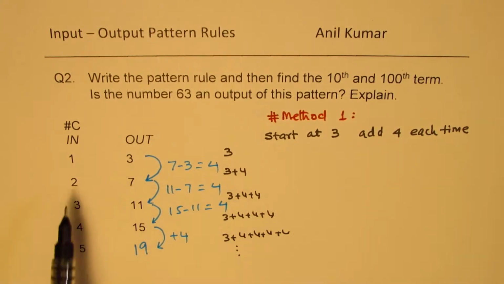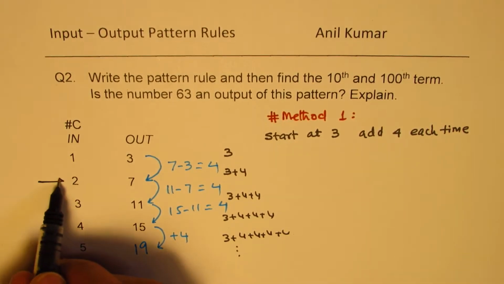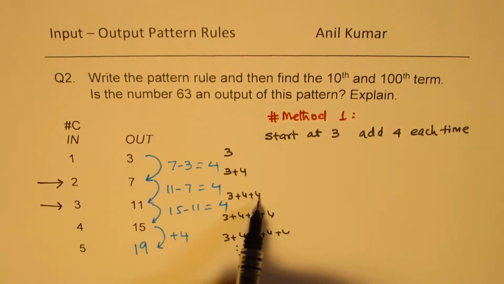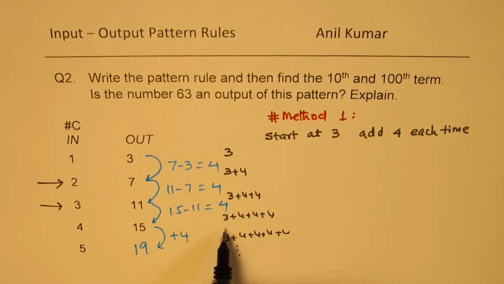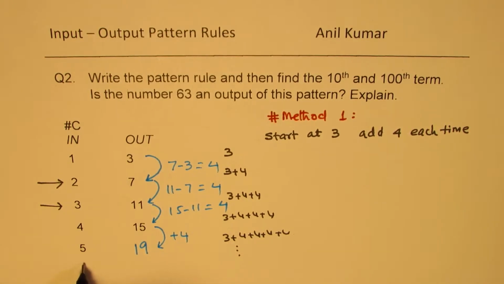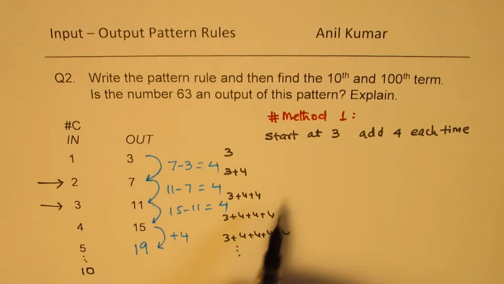So what you notice here is that when the input is 2, you add 1 4. When the input is 3, you add 2 4s, right? So you add 4, 1 less than the number required. So if it is writing a general term, let's say, if I write 10 here, how many 4s will you add?